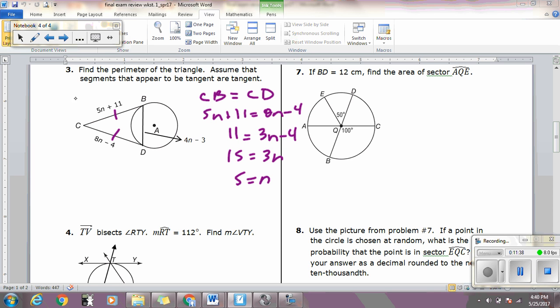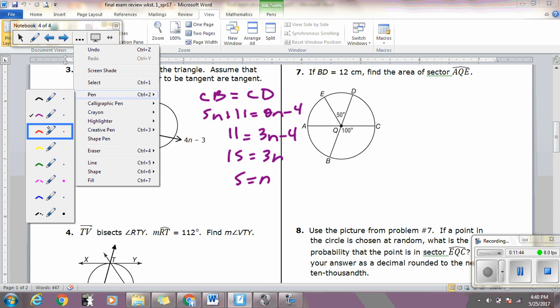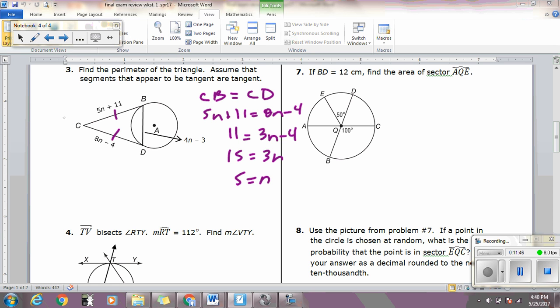Now that we know what n is, we're going to substitute it back into each side of the triangle so that we can find the measurement of each side. So for this one, it'd be 5 times 5 plus 11, which would give me 36. This one is 8 times 5 minus 4, which would give me 36 again, which makes sense if they're supposed to be equal.